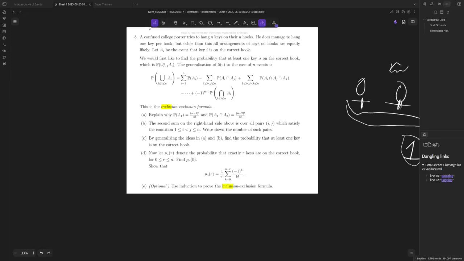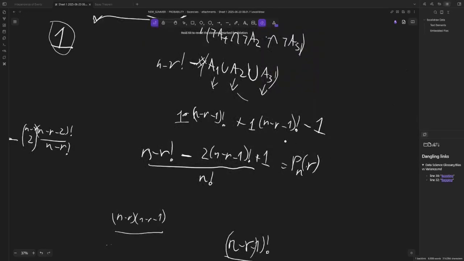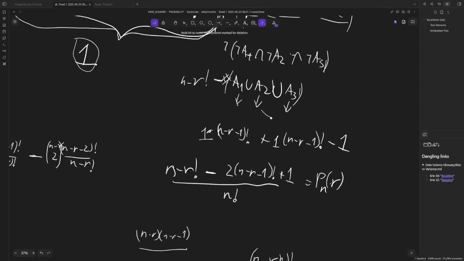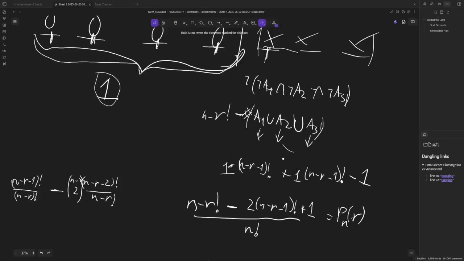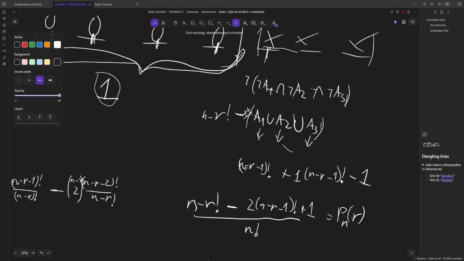Let's try copying this. I'm just gonna pause and then, okay, I've already consulted it and we were almost there. It's just that this reasoning is incorrect because I'm not counting certain cases.